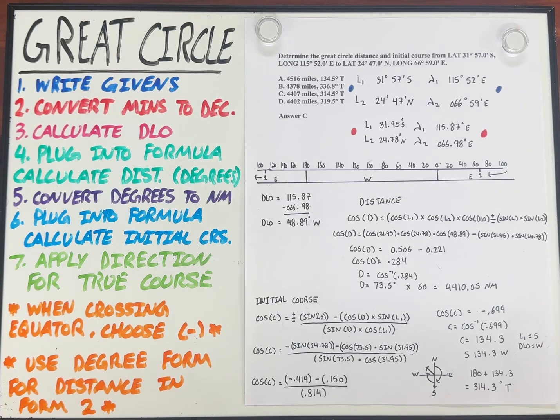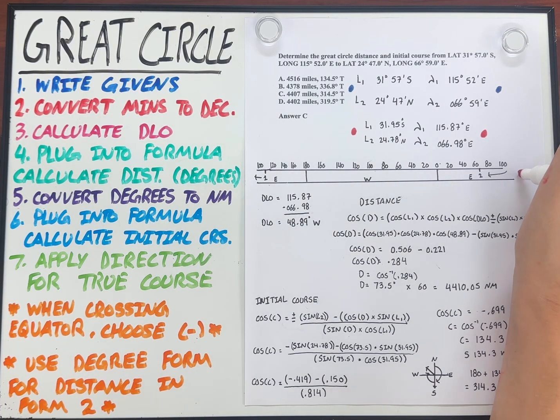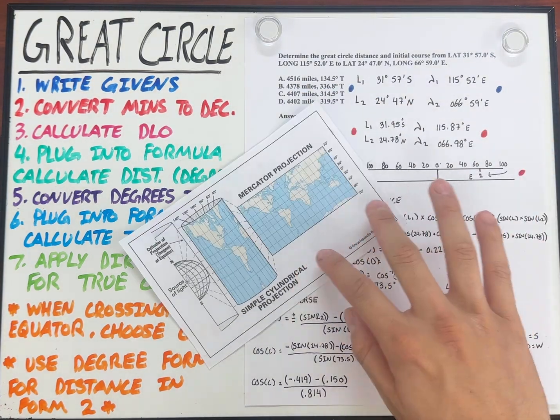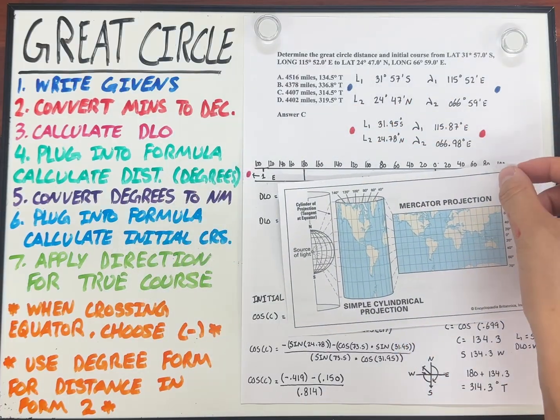Step 3 is to calculate your difference in longitude. The way you do that is by simply subtracting longitude 2 and longitude 1, but it's a little bit more complex than that. I like to visualize it with a Mercator projection. It looks like this.